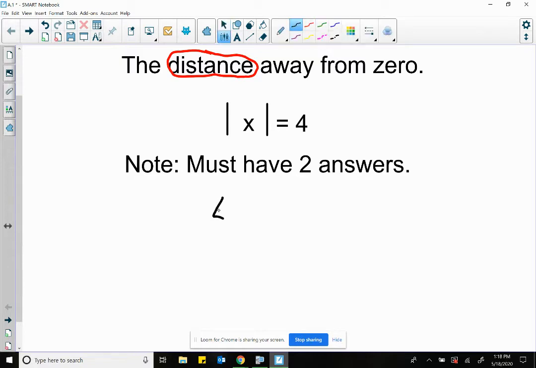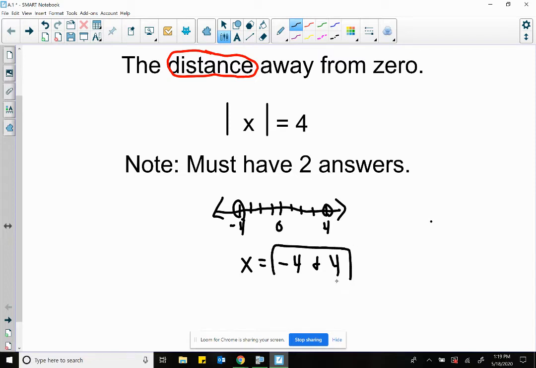Here's 0. 1, 2, 3, 4. 1, 2, 3, 4. These guys are the answers. So x is equal to negative 4 and positive 4. There are two answers.